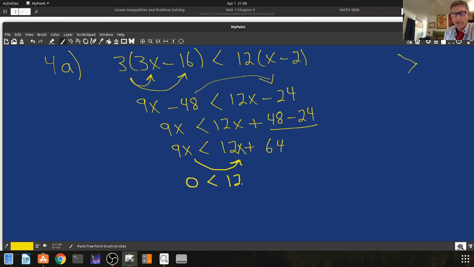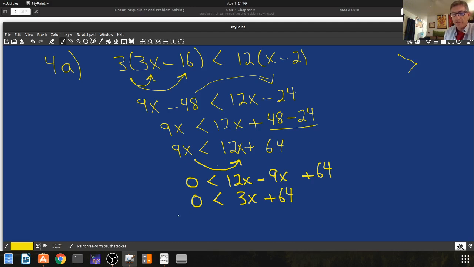And I have 12x minus 9x. And it's joined by a 64. Now that 64 is not going to stay there. Let's go ahead. That's 0. 12x minus 9x is 3x plus 64.